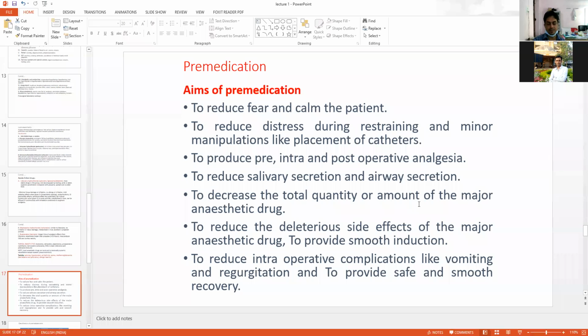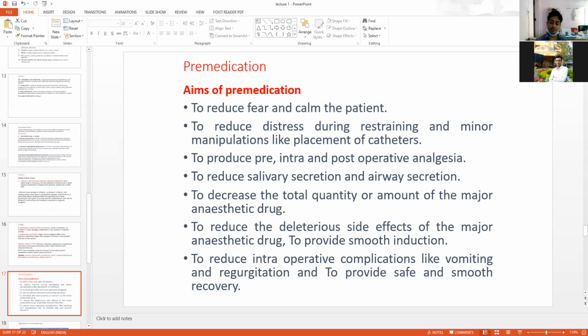So to prevent this respiratory distress, we give pre-medicaments. Another aim is to decrease the total quantity of the major anesthetic drugs. Suppose the total amount of a main anesthetic drug is 10 mg, and if you have given pre-medicaments before that, then the total dose will decrease up to 5 to 6 or 7 mg.